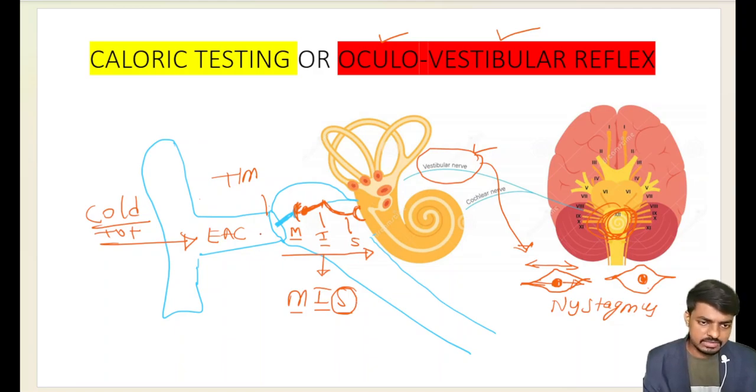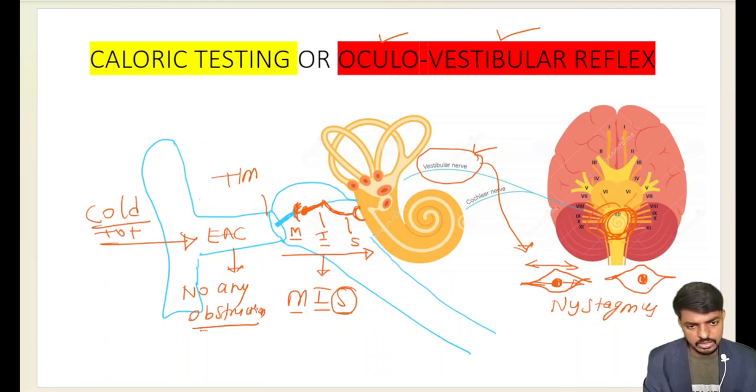This is our external auditory canal. To do this caloric test and oculovestibular test, there should be no obstructions in the external auditory canal, because when we want to stimulate the vestibular nerve, the water should directly stimulate the tympanic membrane.